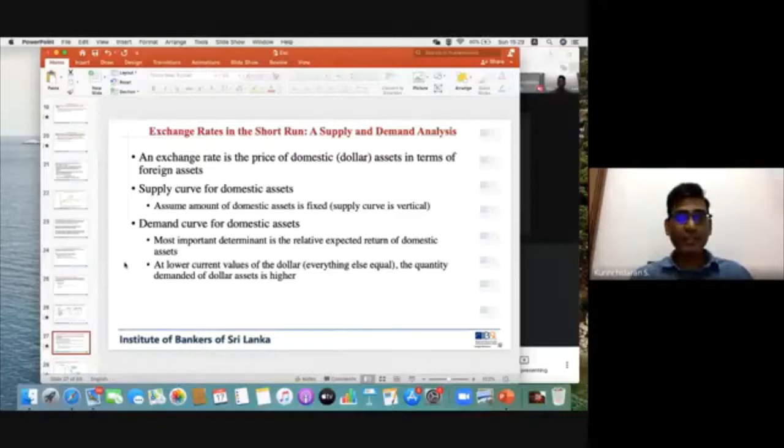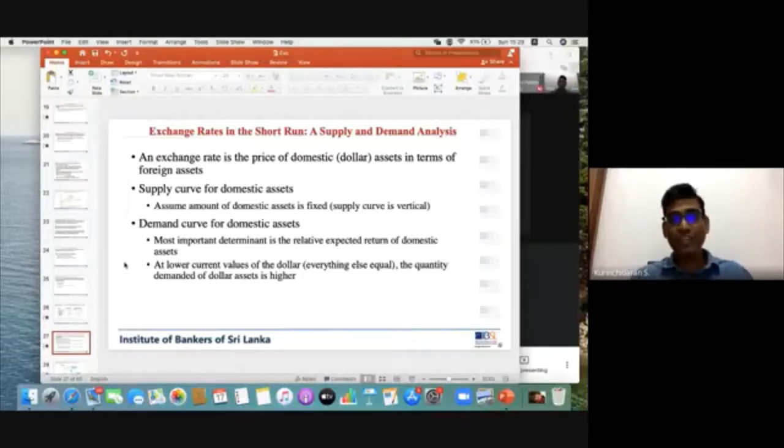The demand curve for the domestic asset, that means the demand curve for dollar. The most important determinant is the relative expected return of domestic assets. Now our domestic asset is dollar. The most important determinant for the demand for dollar is the expected return.